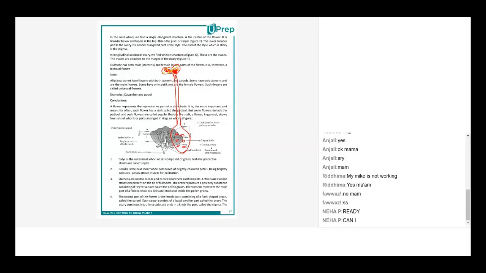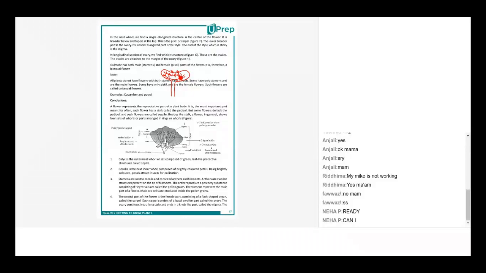Excellent. So basically the reason why it is sticky is that when the pollen grains fall on it, they must stay sticking here. So you will always find that the top of the stigma is either sticky, or you will find very fine hair-like structures, so that the moment a pollen grain comes and sits here, it settles and doesn't fall off.